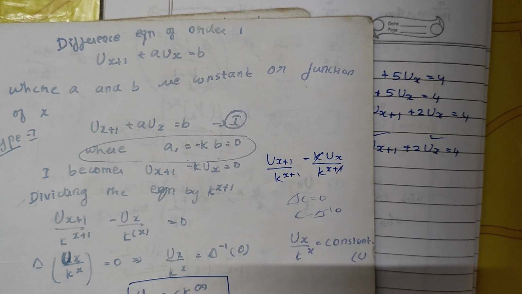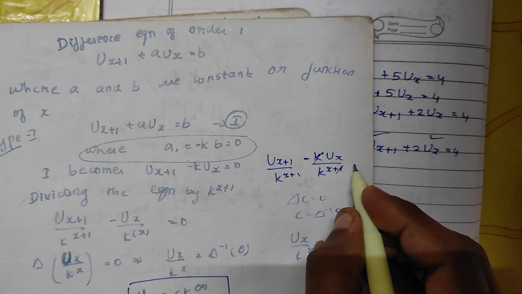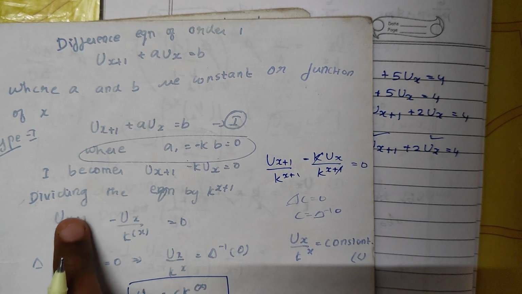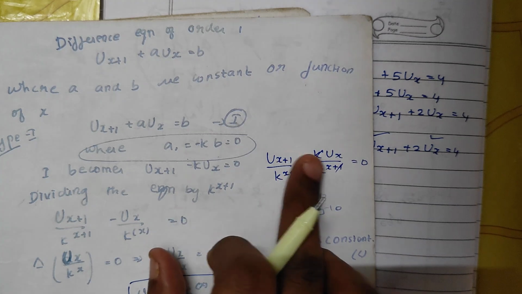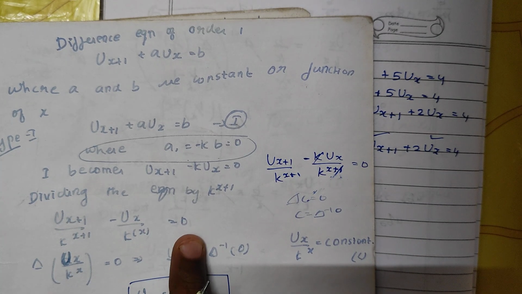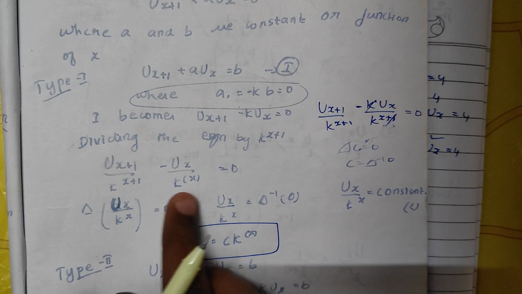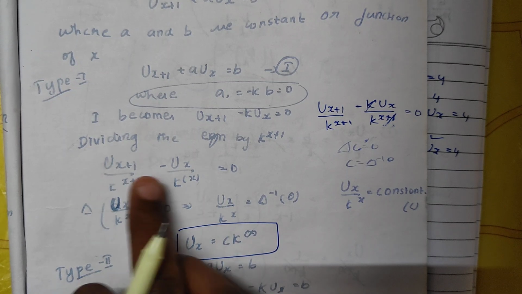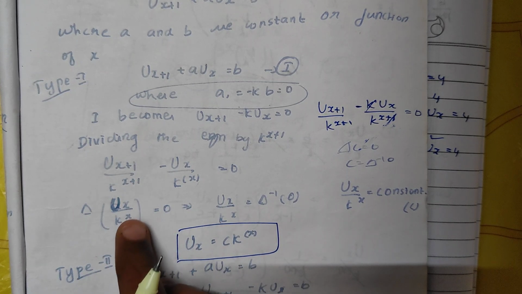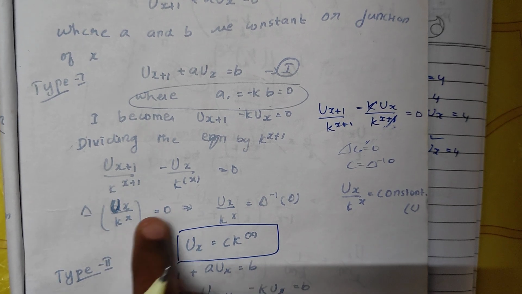Because k power x plus 1, we can write it like k power x into k. You will get u x plus 1 divided by k power x plus 1 minus u x divided by k power x is equal to 0. It's like a successive difference, right? So I can write this equation as del of u x divided by k power x is equal to 0.